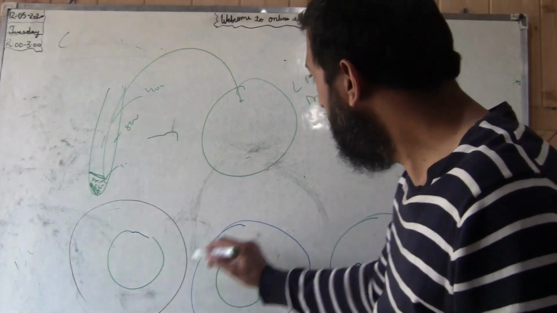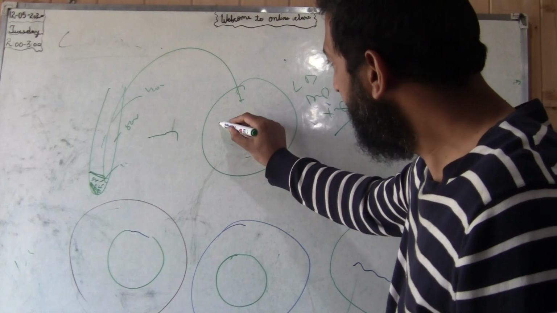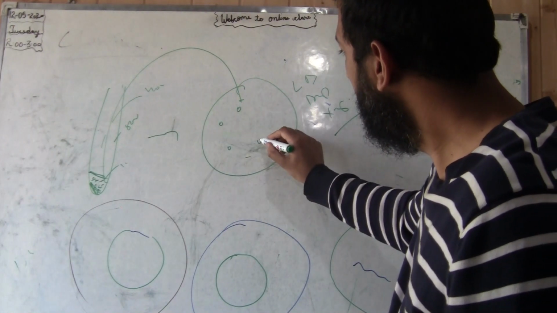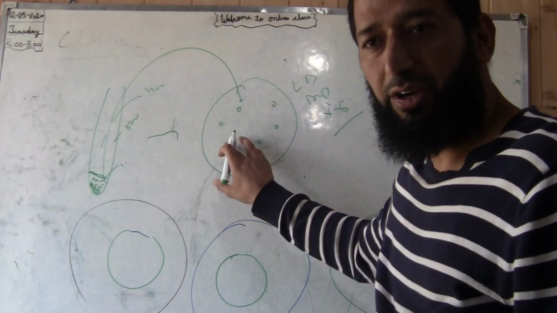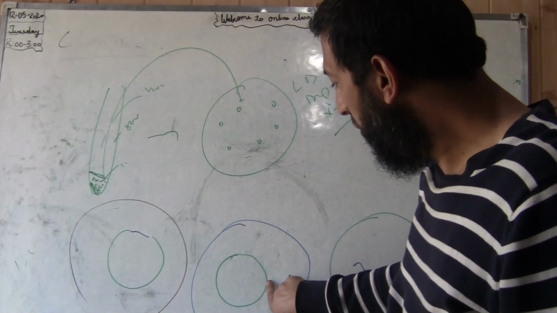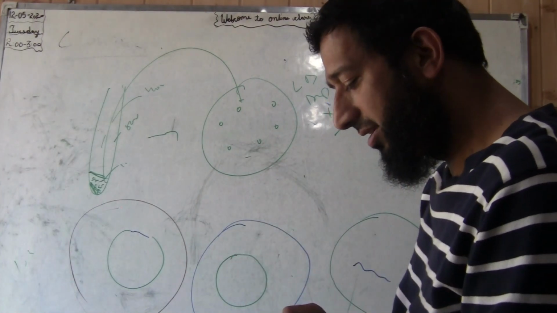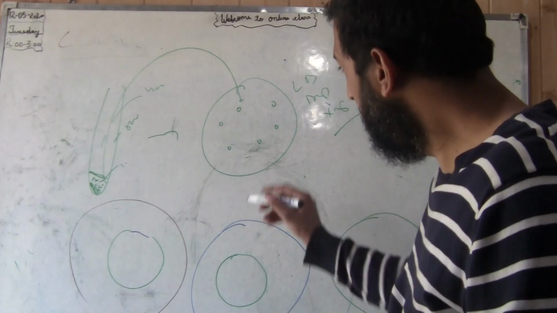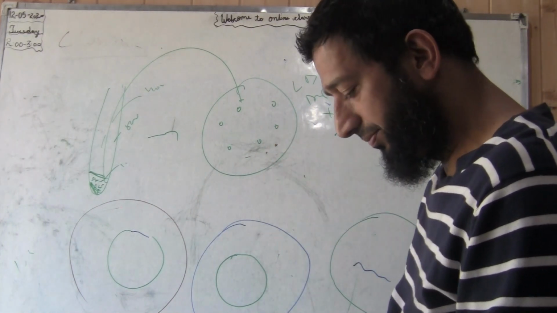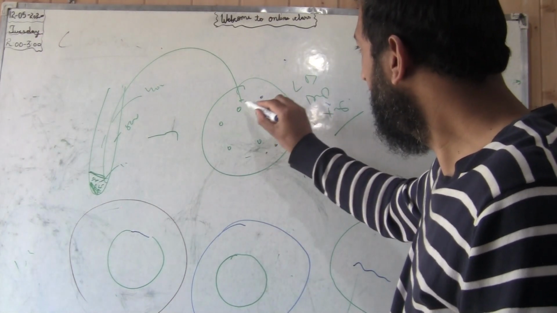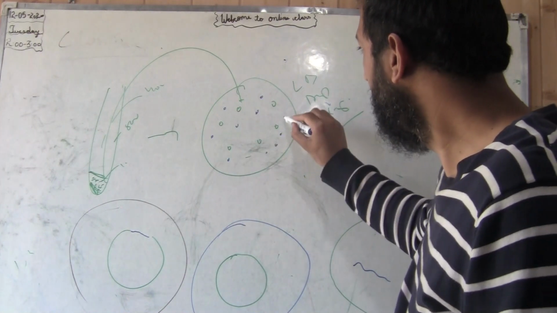So this will be able to grow on this plate and will have a white colored colony. These will grow, but they will have a blue colored colony because of your marker for screening of recombination.